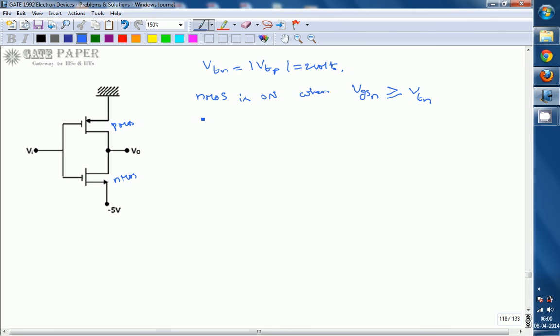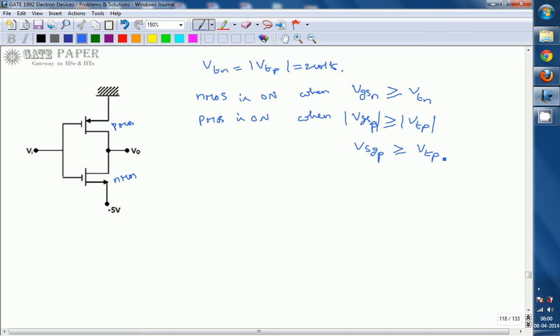And PMOS is on when the magnitude of VGSP is greater than or equal to the magnitude of VTP, since both are negative values for PMOS, so we must use the magnitude. Otherwise you can write VSGP should be greater than or equal to VTP.